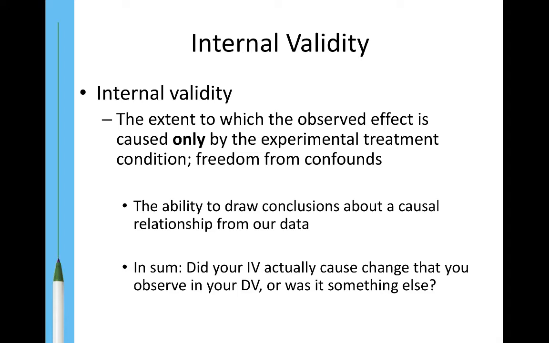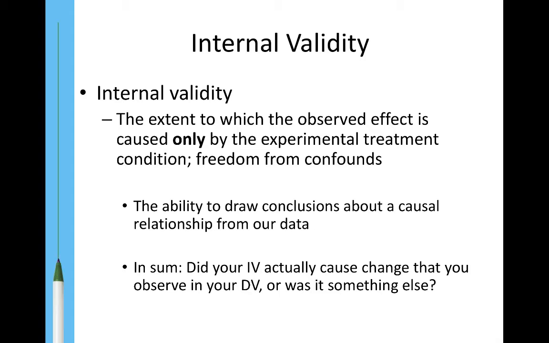And this addresses the question of whether your independent variable caused the change in the dependent variable or something else. If there's more than one thing that varied along with the independent variable, then you have confounds.